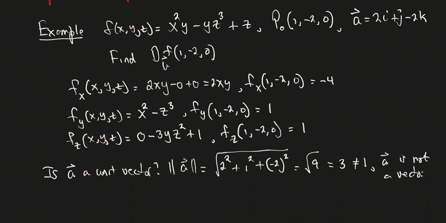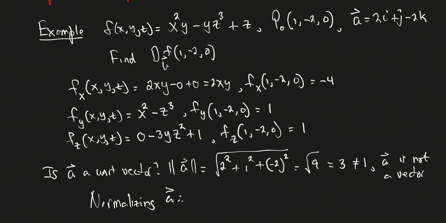So what do we do? Well, we have a way of finding the unit vector that acts in the same direction as a. So we have to normalize a. Normalizing a is going to give us the u that we need, and the components of that vector are the components that we will use with our alternative formula to find our directional derivative.